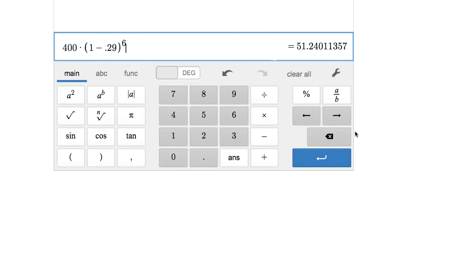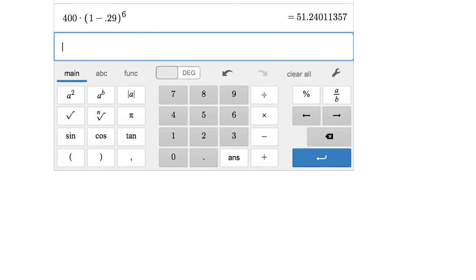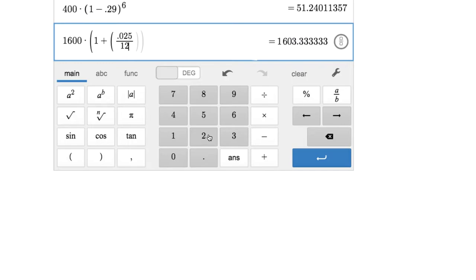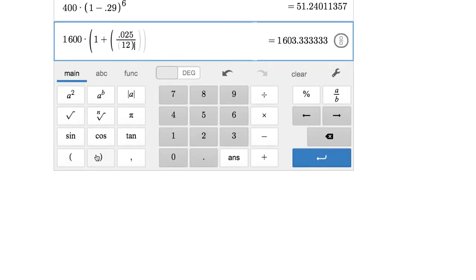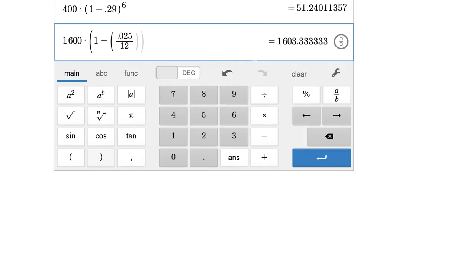So, 1,600 times, and it was 1 plus, I'm going to add another set of parentheses, because I know it follows order of operations, but I don't want it to be a problem. I have to hit arrow over to close my parentheses. Okay.